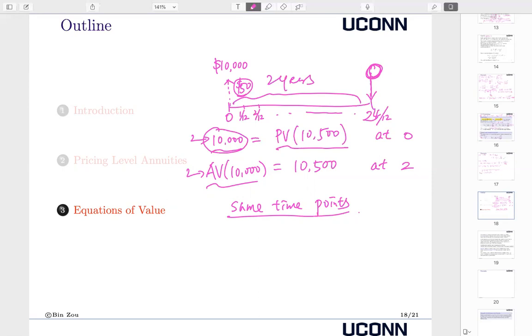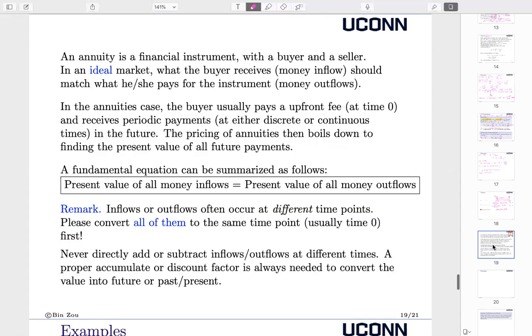So it will be an annuity plus a lump sum, right? It can be something even more complicated. So in that case, when you equate the equation, you need to be more careful when you convert different values at different times, all of them to zero. But eventually you are doing somehow the same thing. It's discounting or accumulating to the same point. Okay.